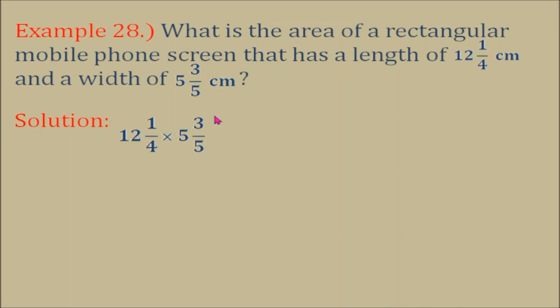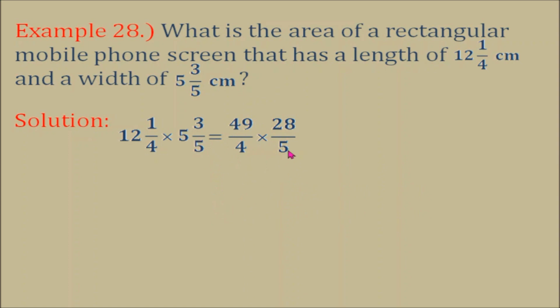To multiply two mixed numerals, we are going to change them first to improper fractions. So that's 4 times 12 is 48 plus 1 is 49. Then copy down the denominator 4. And for 5 3/5, it's 5 times 5, it's 25, plus 3, it's 28, and copy down the denominator 5.